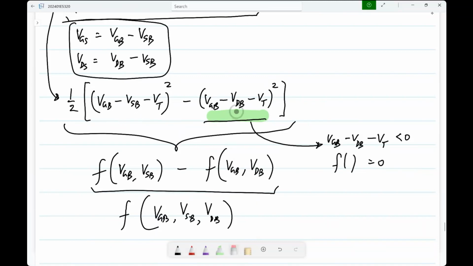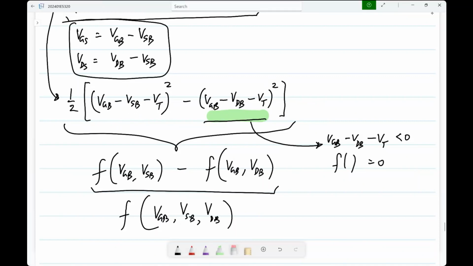If VSB is less than VDB, it will flow in the other direction. That's all. Is this fine?